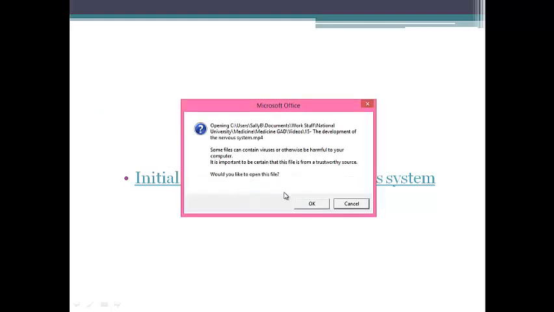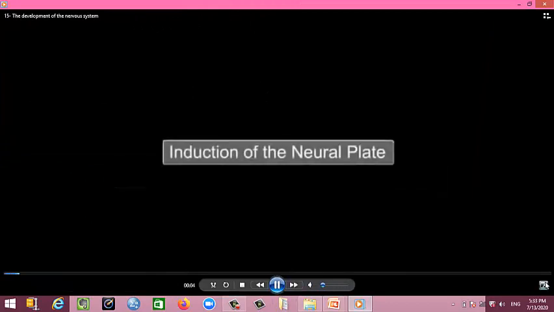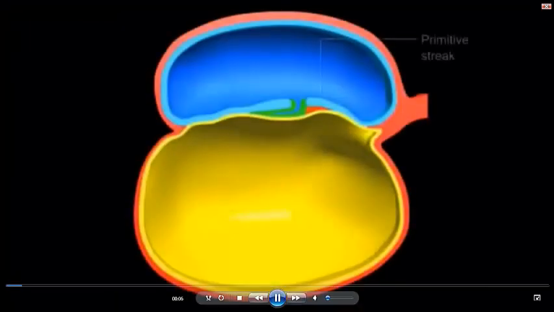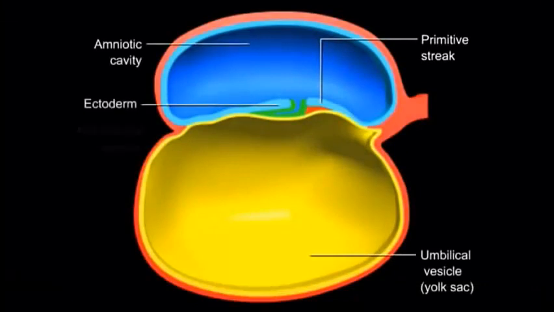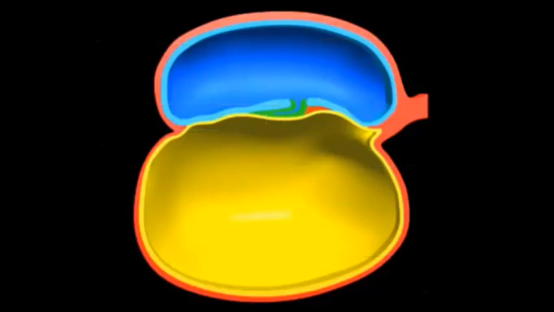Okay, so let's just look at this as an animation for you guys to get the feel of the things that I was just explaining. Okay, so this is a sagittal section. It's showing you all the different parts of the developing disc.